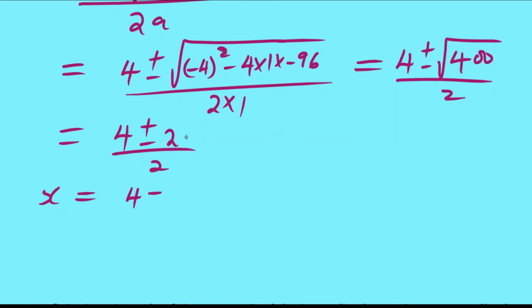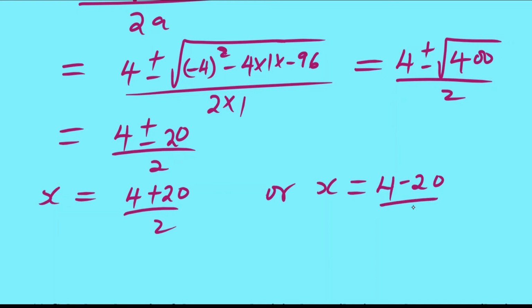The square root of 400 is 20. So x will be given by 4 plus 20 divided by 2. That will be the first value, or the second one, x will be 4 minus 20 divided by 2. So this gives 12 and negative 8.